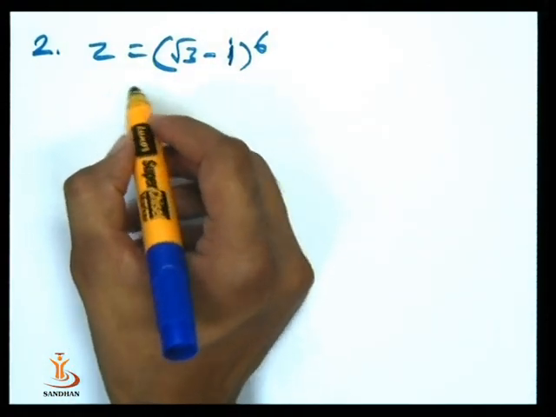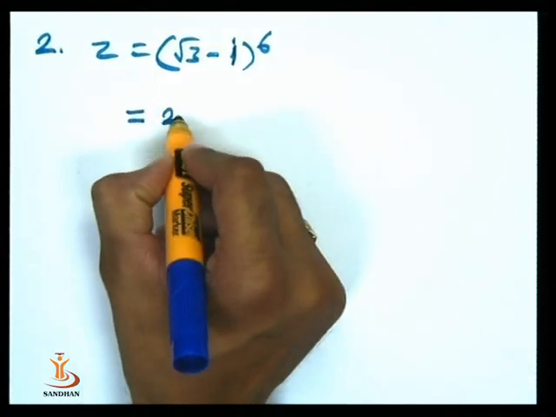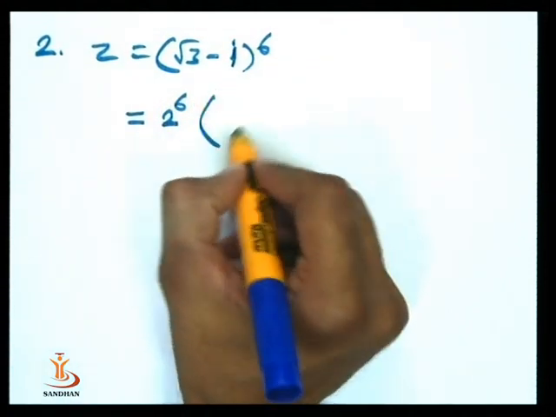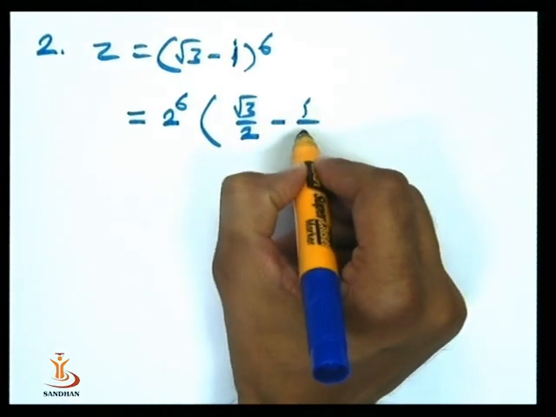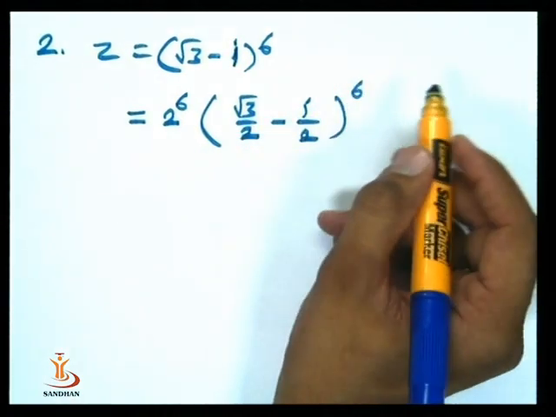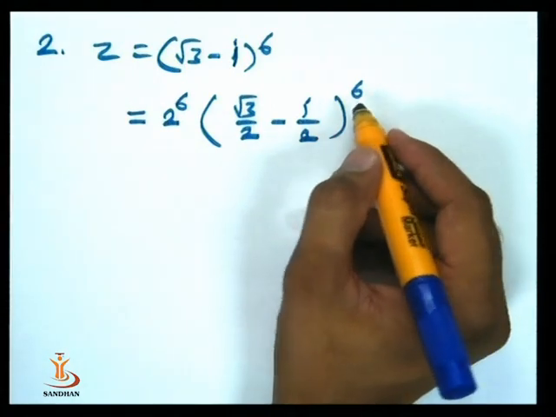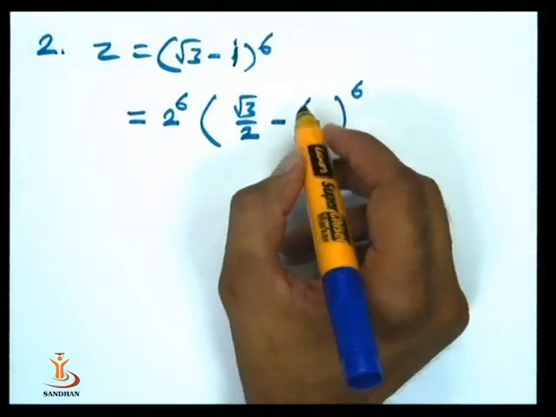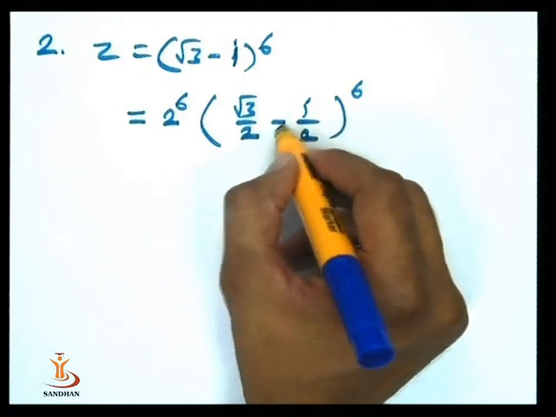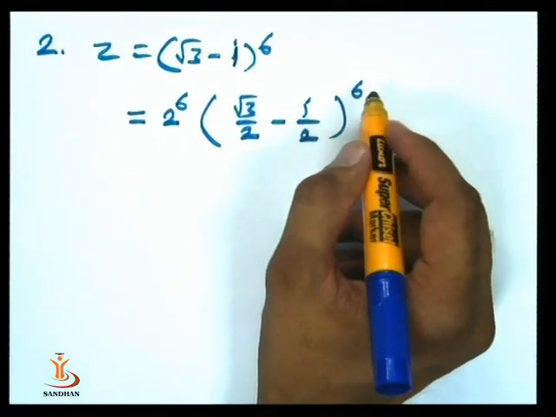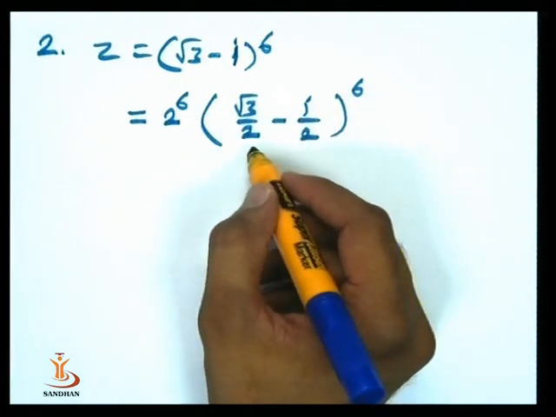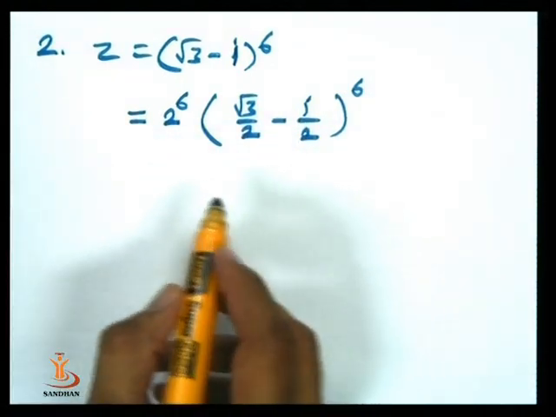So the technique is this: multiply by 2 raised to 6. So this will be nothing but root 3 by 2 minus i upon 2 raised to 6. So first we will evaluate the value of root 3 by 2 minus i by 2 raised to 6.